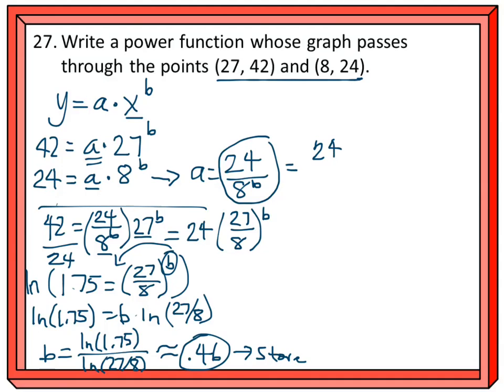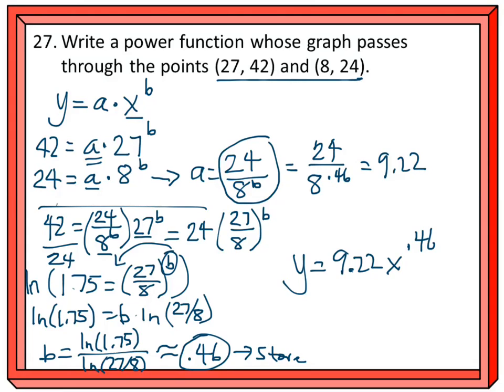We've got 24 divided by 8 raised to our 0.46-ish power. Putting that into the calculator, we get approximately 9.22. Okay, so now approximating our equation, because these are both irrational numbers for our coefficient and for our exponent, we get about 9.22 times x raised to the 0.46 power.